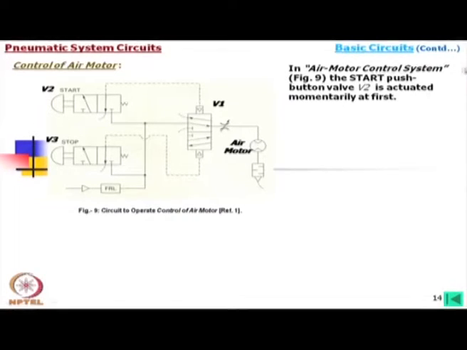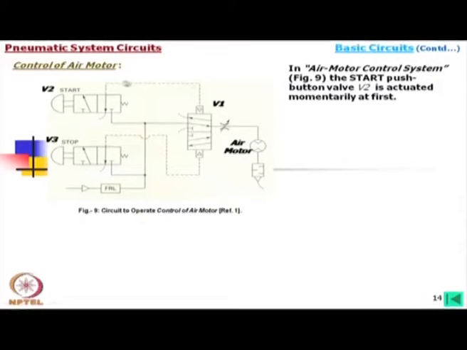Now, in the air motor control system, the start push button valve V2 is actuated momentarily at first. So we push this one. Once we push this one, we get these positions. That means this path is being connected.